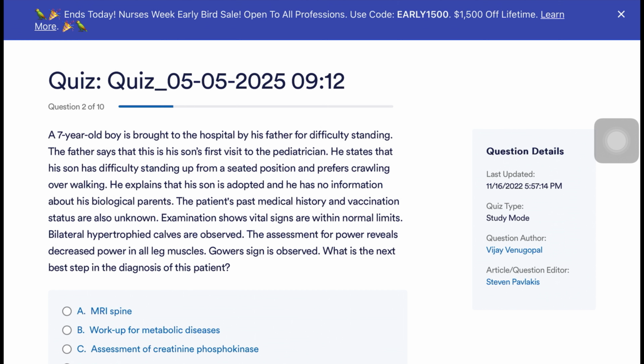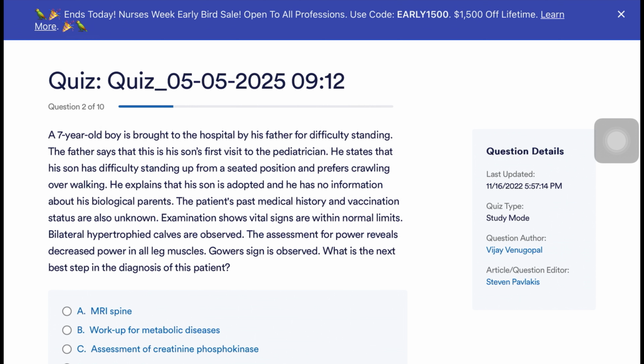Now from this, this child has difficulty standing, and he has bilateral hypertrophied calves. I'm already thinking this child has Duchenne muscular atrophy. Okay, Duchenne, yeah, definitely. Gower sign is observed.